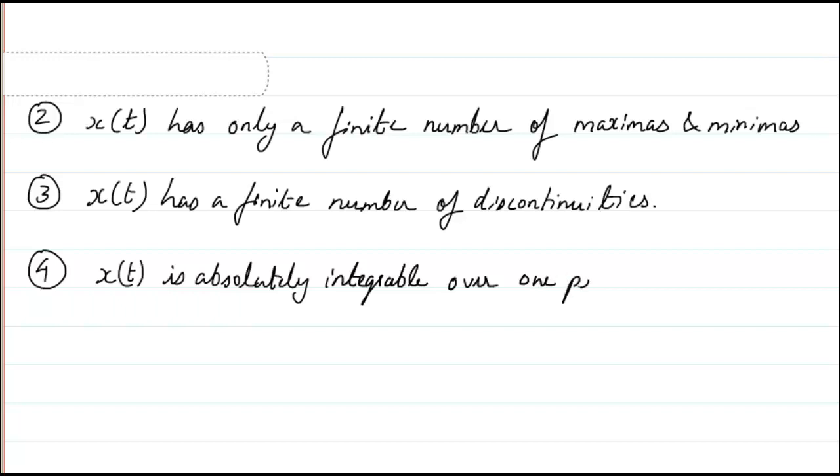That means if you are going to integrate the signal x of t over one period, that means from 0 to T, the time period, then its value should be less than infinite. So all these 4 conditions are the Dirichlet's conditions, and they are important to see if a signal will have a Fourier series or not.